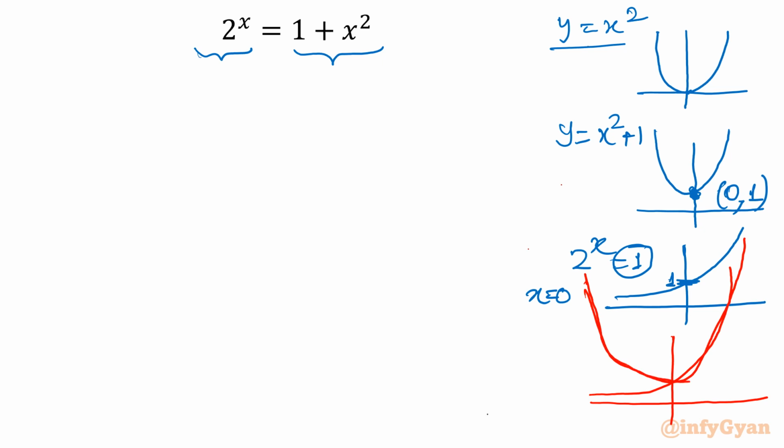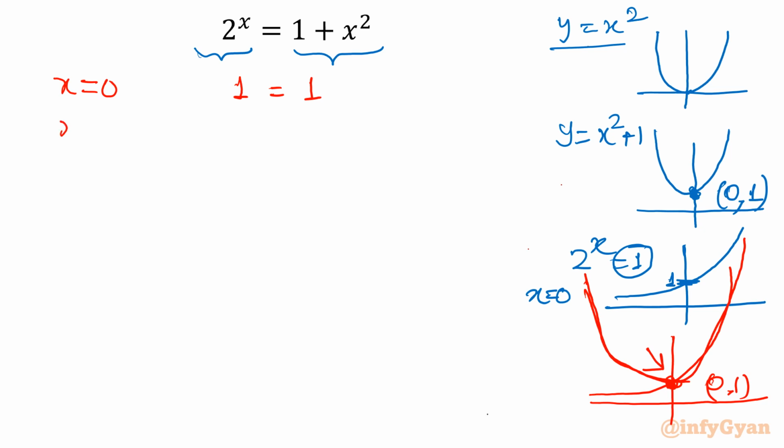Now, the point I am talking about is the intersection at x equal to 0. The left hand side value is 1, and the right hand side is also 1. That means both graphs intersect each other for the very first time at x equal to 0, so this is the point (0, 1).